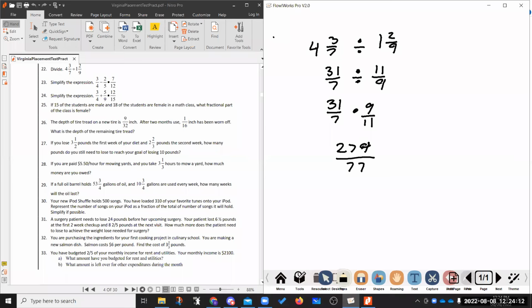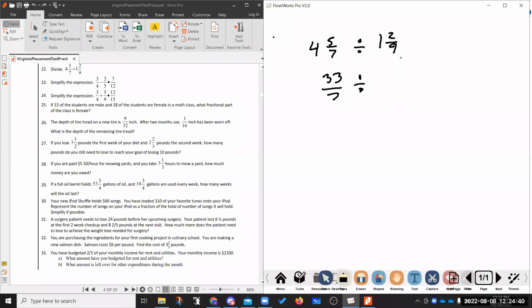So let me change this problem just to make it more interesting. I think that they meant for this to be 5/7. So let's make that 33/7.